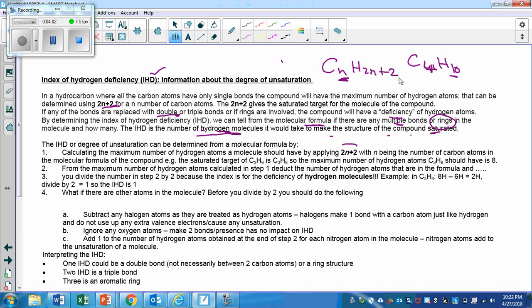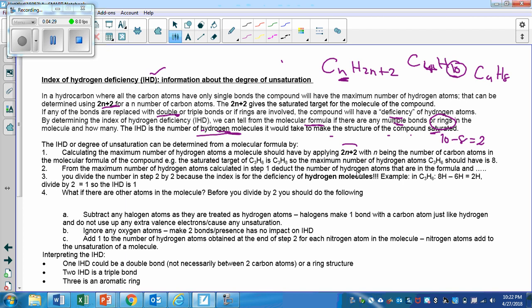In this situation, I should have 10, and suppose that I had C4H8. My second step is that from the maximum number of hydrogen atoms calculated in step 1, deduct the number of hydrogen atoms that are in the formula. The maximum is 10 that I'm expecting, and I actually have 8, so I deduct it, and I have 2.